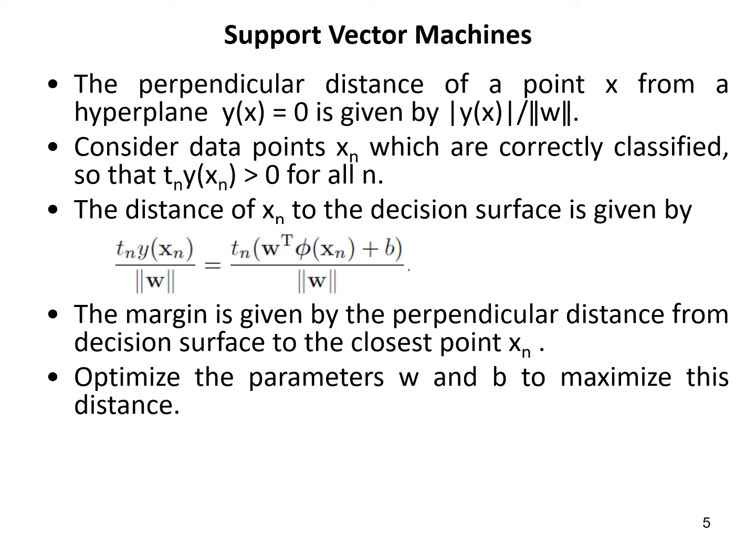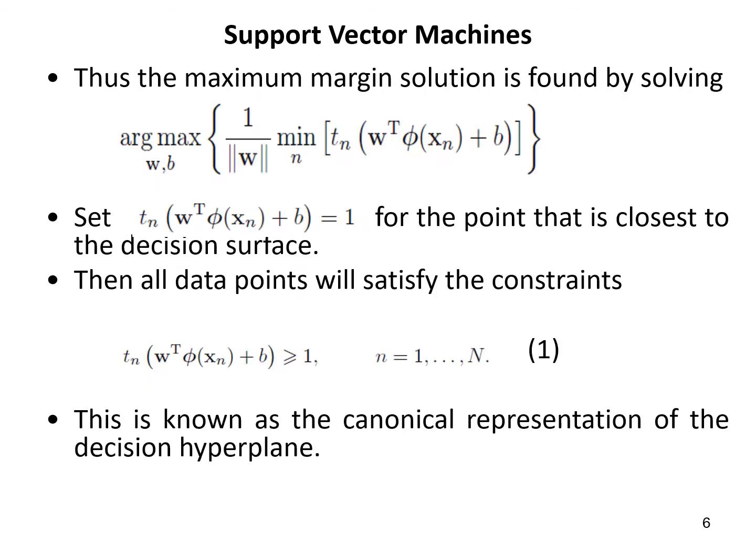The margin is given by the perpendicular distance from the decision surface to the closest point xn. Now we can optimize the parameters w and b to maximize this distance. Thus, the maximum margin solution is found by solving for the maximum value of the perpendicular distance.